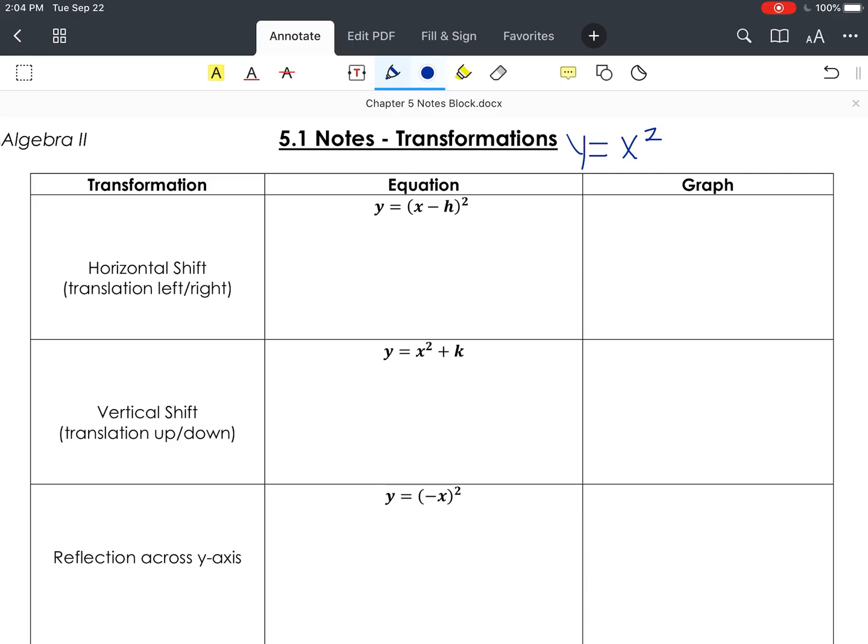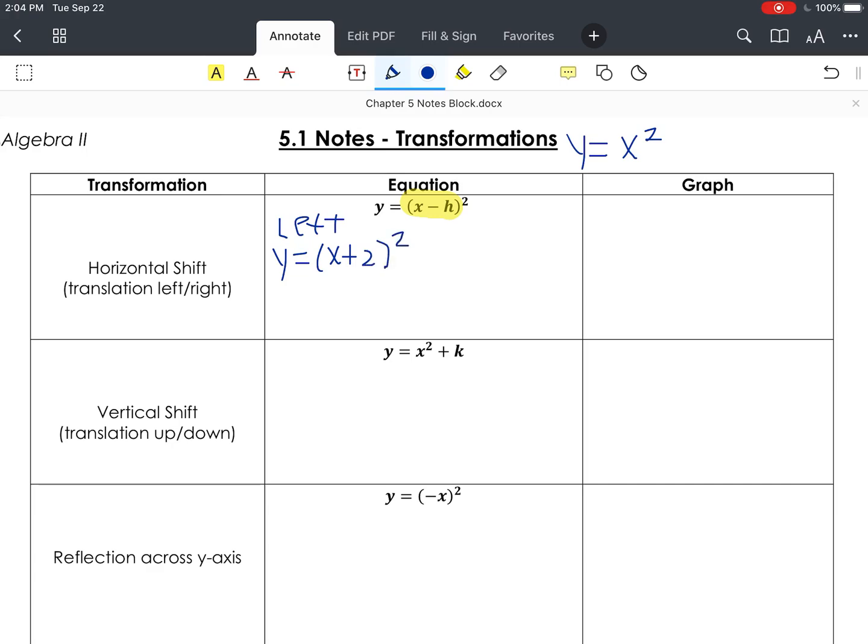The first one is a horizontal shift, which is a translation either left or right. So if you see something with a horizontal shift, you're going to see something with this, where x minus h, so your number will be in parentheses. In order to move your quadratic function left, in your equation, you're going to have a plus and a number.